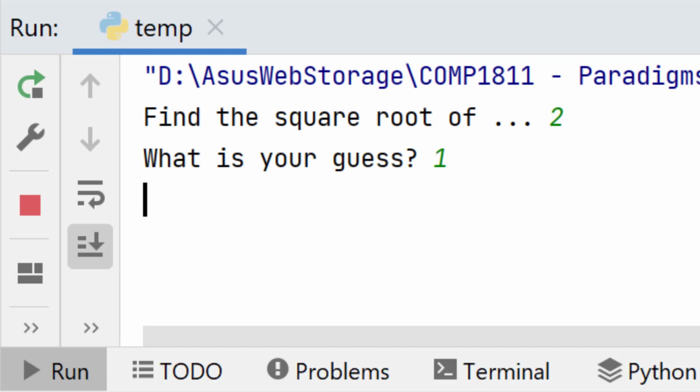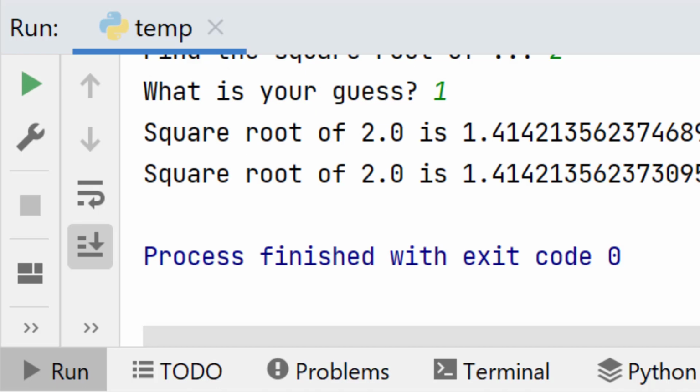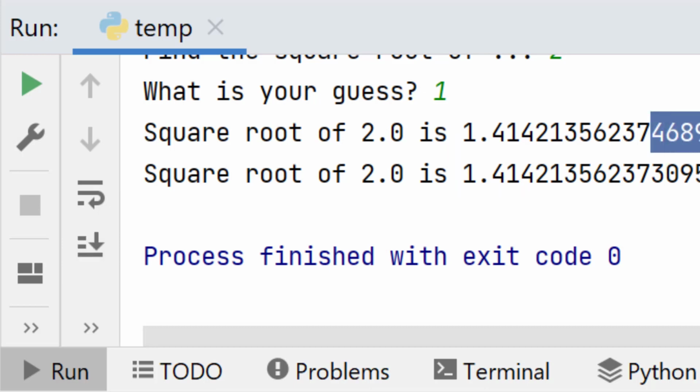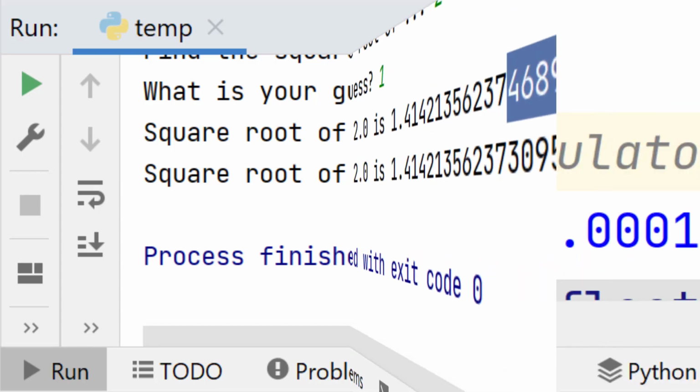And when I do that, it says square root of 2 is, and as you can see, these numbers are now the same right up until the final bit here. It's very accurate and very quick. So what we've found is the square root using a Newton-Raphson method, the method used by your calculator or programming language. But let's see how the magic happened.